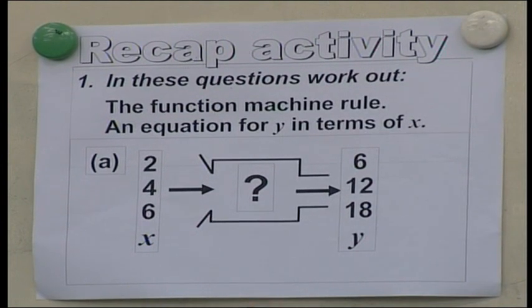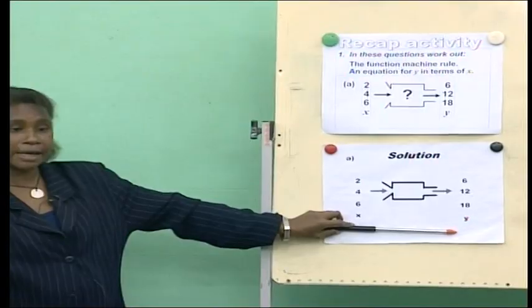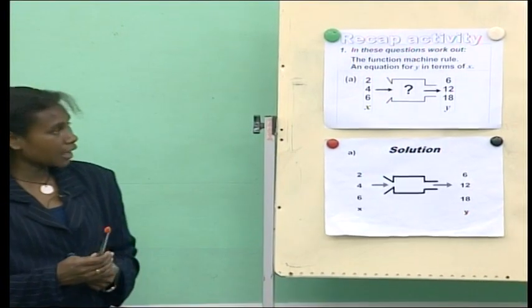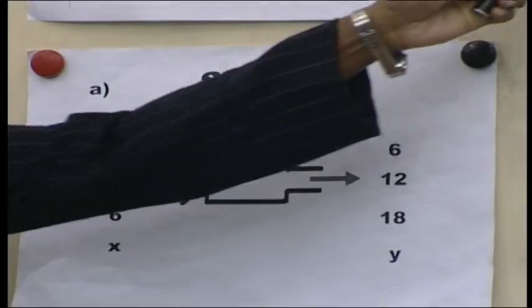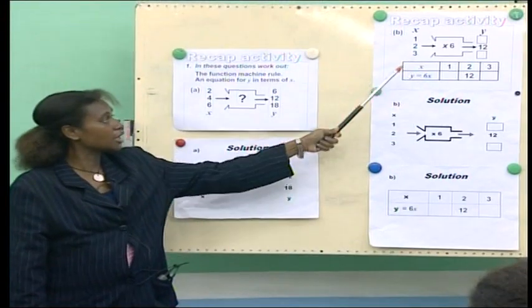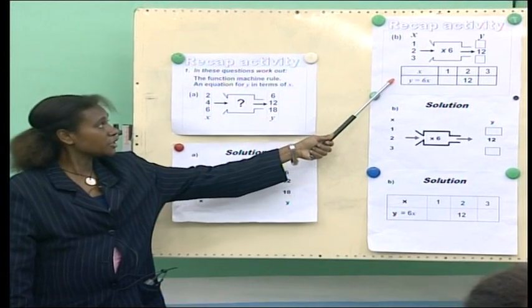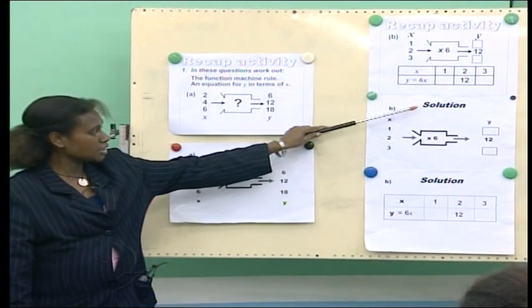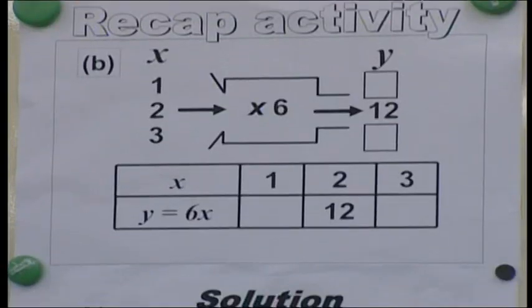So the solution should be answered on the second paper here. Second recap activity, we have the question on the function machine and also the table in the first paper. Solutions are to be written on these 2 papers.